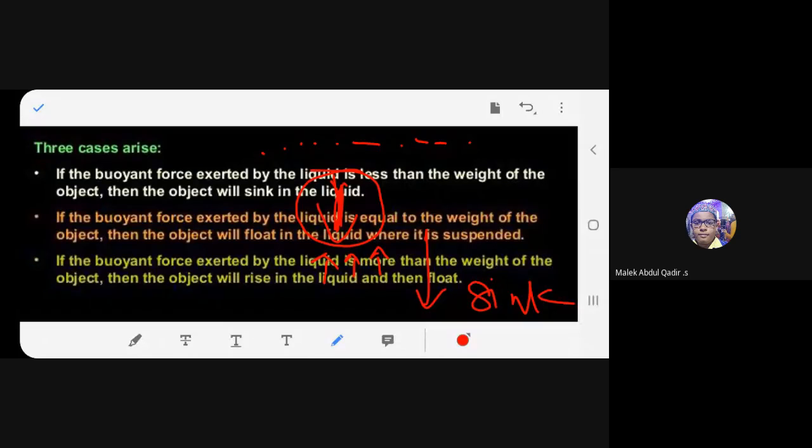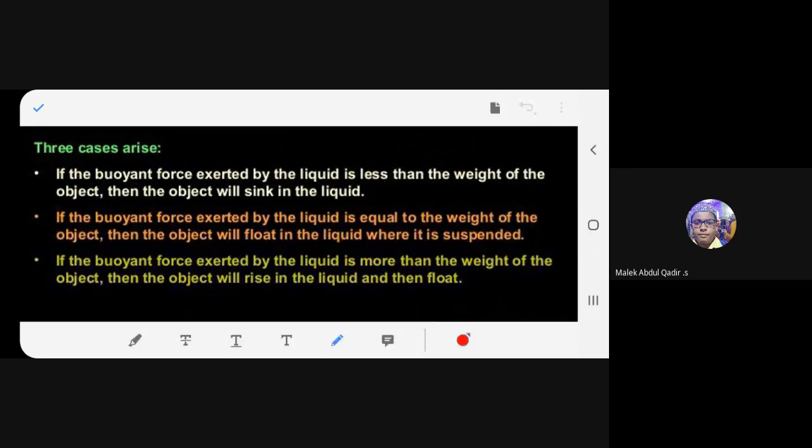Now we'll see the second one. This is the object. Now show the same arrows. This is the buoyant force, and the same arrow is the weight. What will happen? It will float. Not more, not less.